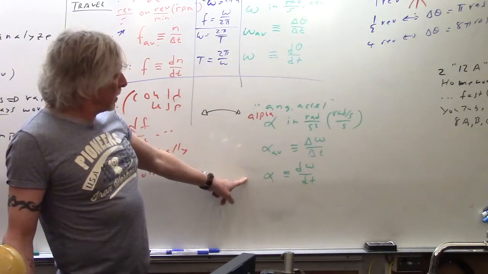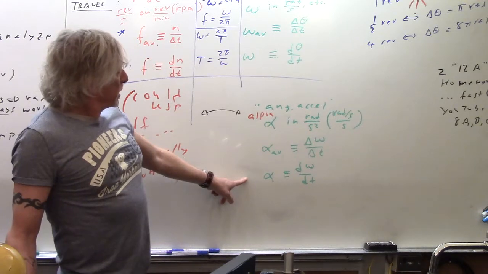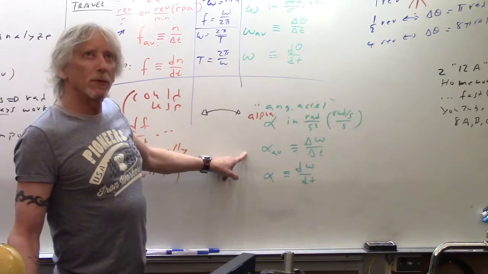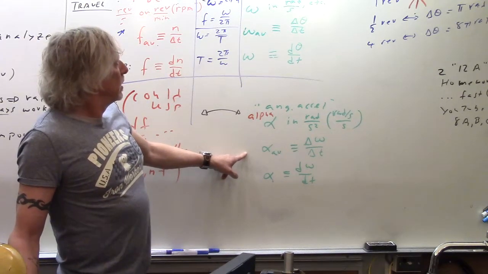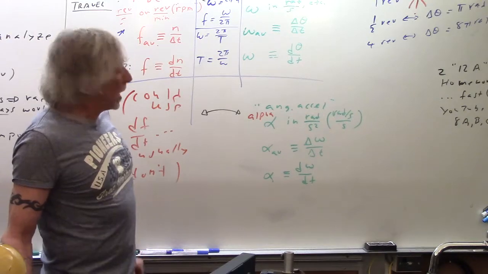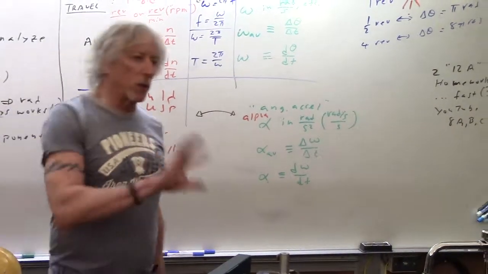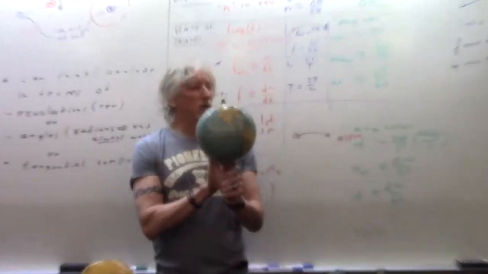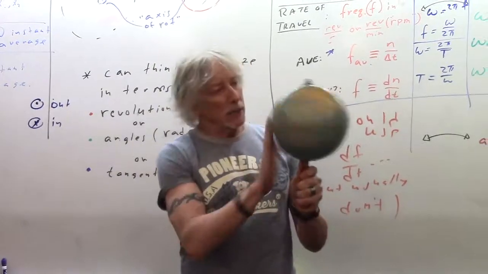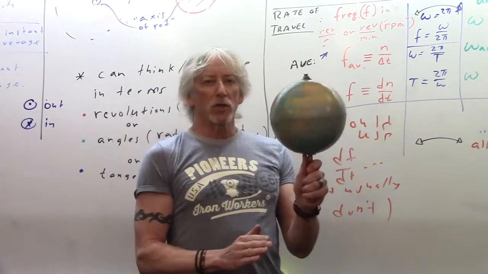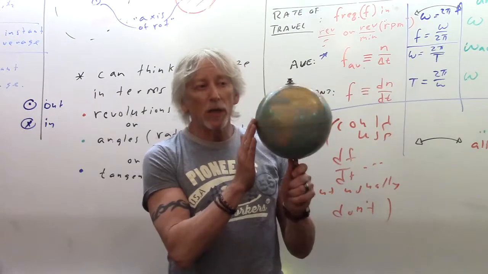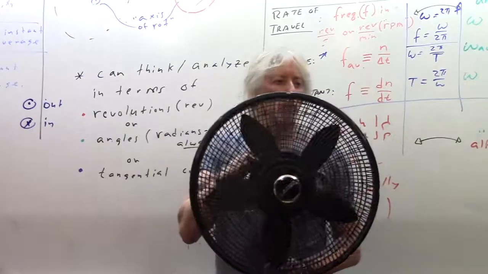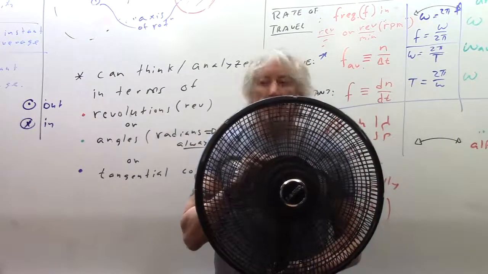There's a subtlety that we're going to get to later, so let's not do that now. I can change the rate at which something rotates by increasing the rate of rotation, increasing omega, or I could decrease omega, right? This is great. You have lots of homework problems where fans are speeding up and fans are slowing down.